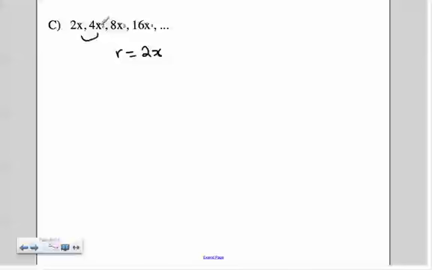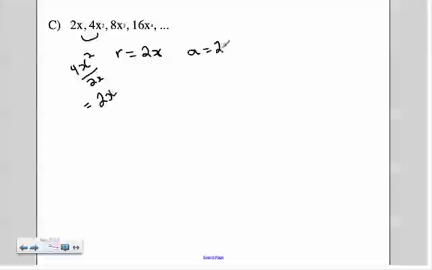X times x is x squared times x is x cubed times x is x to the exponent 4, etc. If you didn't see that, you can always do a division. 4x squared divided by 2x. When I reduce that, 4 divided by 2 is 2. X squared divided by x is x.